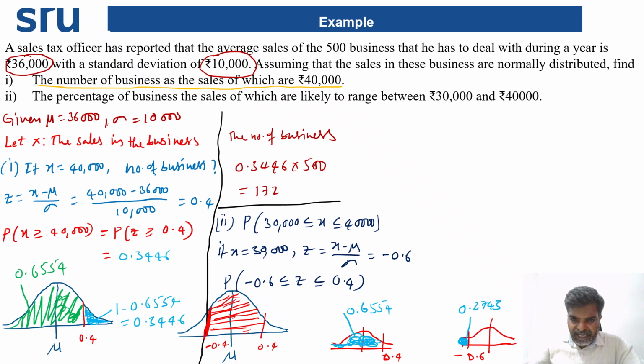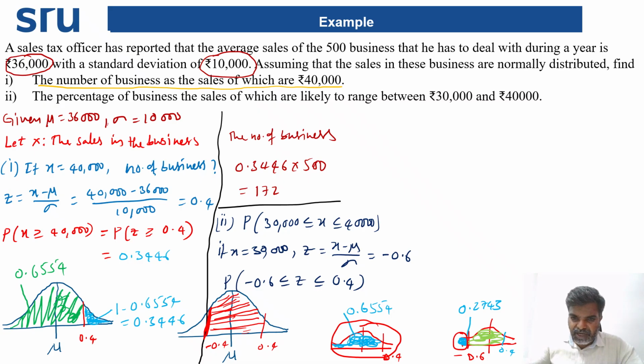From this total area, you have to subtract this part, because this is 0.4 and we need this area. So from this total area, you have to subtract this part. That gives the required value.